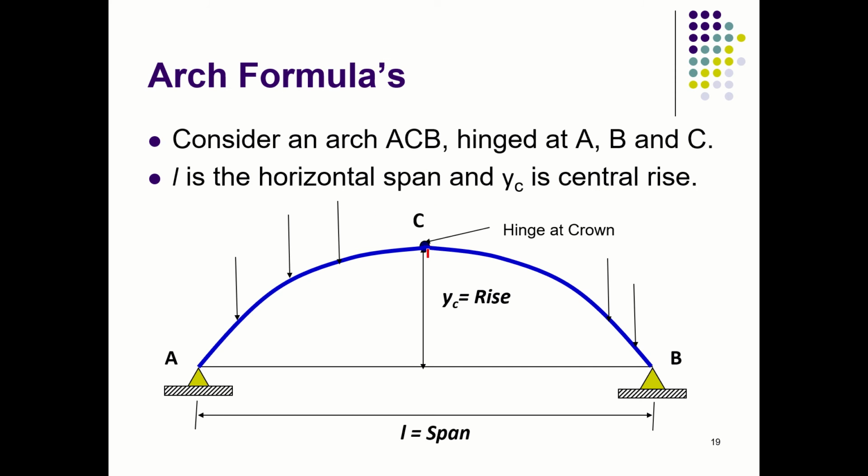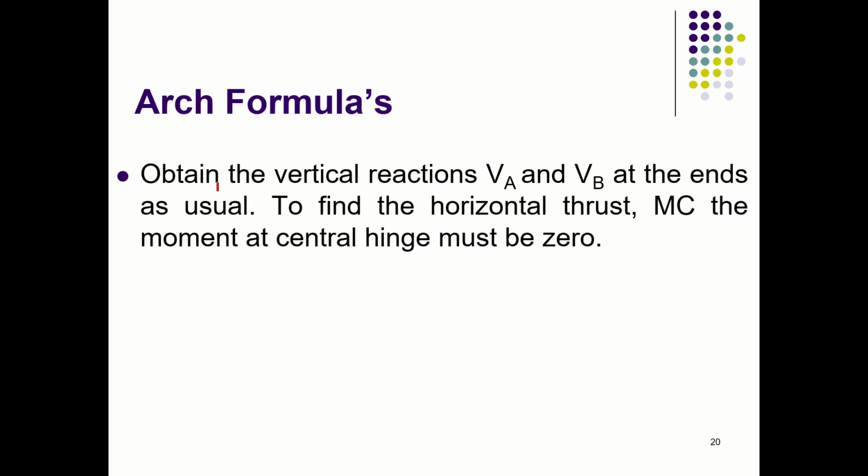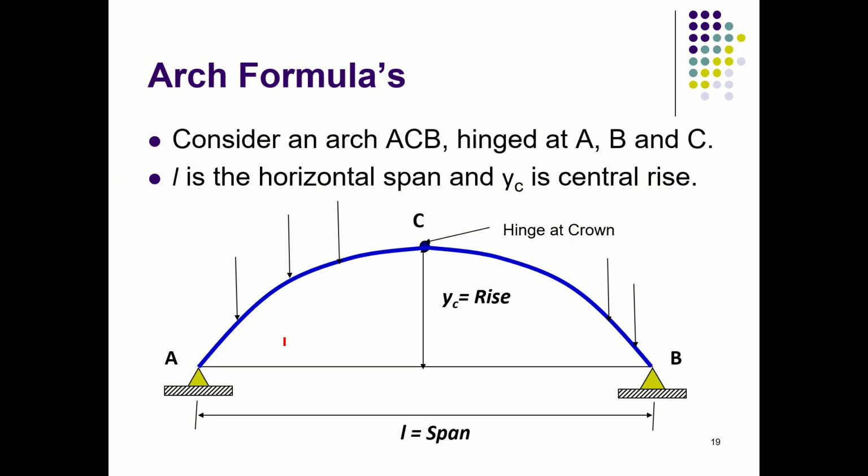This is the crown point or the internal hinge point, right? L is the horizontal span and YC is the central rise. So L is your horizontal distance between the two supports, and YC is your central rise, the rise of the maximum point C, right? Now obtain the vertical reactions VA and VB at the ends as usual.